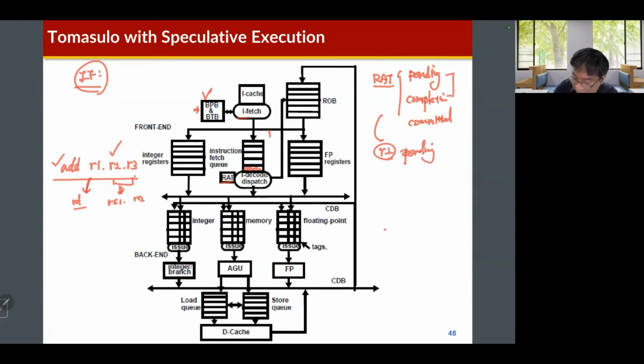If the status is pending or completion, then the RAT has a valid ROB entry number. Right. Understand? And if the status is committed, then this register has the register number, like R2, which means that the ROB entry number is invalid. Understand?